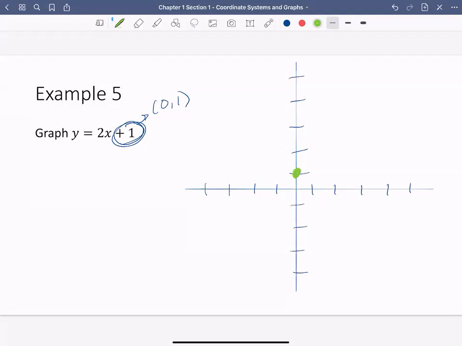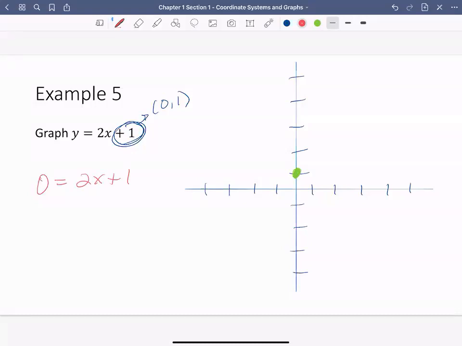Now, the slope you're going to learn about in the next section. In this section, we're going to pretend our slope makes it fly off the graph, and we want to find the other intercept, the x-intercept. Well, remember what we said in our definition. The x-intercept is a point on the graph that has a y-coordinate of 0. I can force this y-coordinate to be 0 by saying y is 0, so I have 0 equals 2x plus 1.